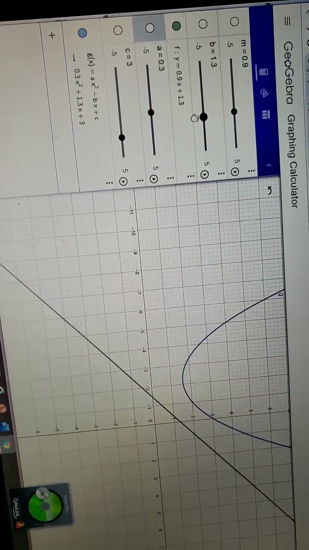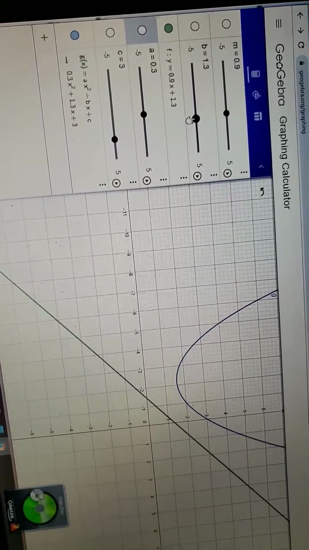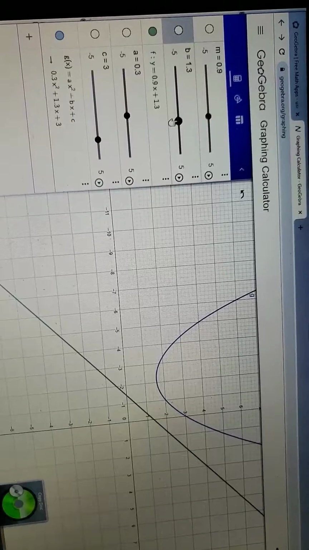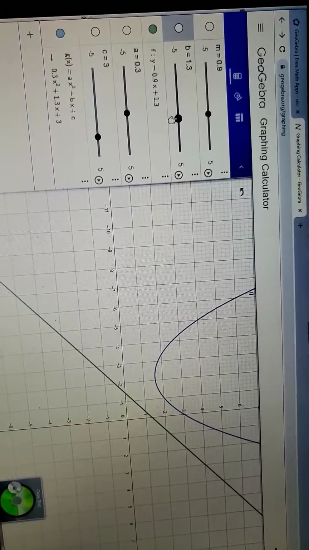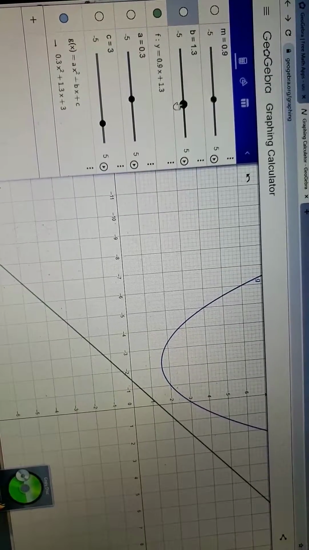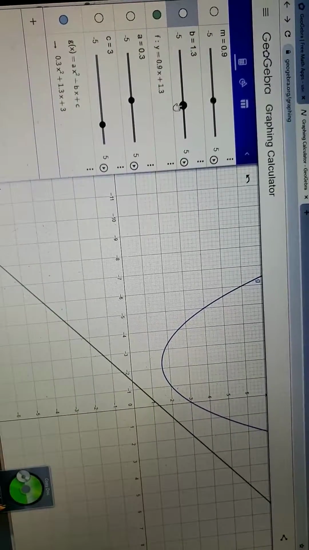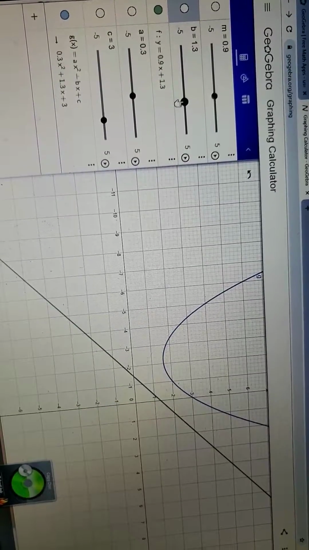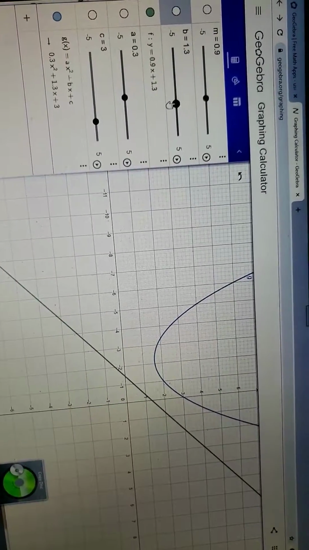And then b right here, b is where we can find the vertex. So it's going to be negative b over 2a.